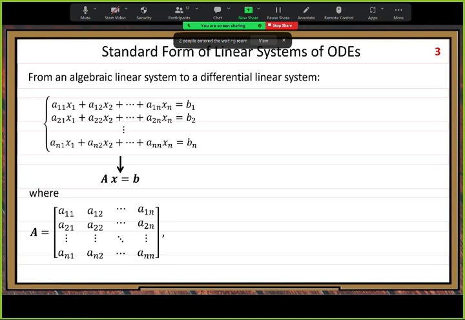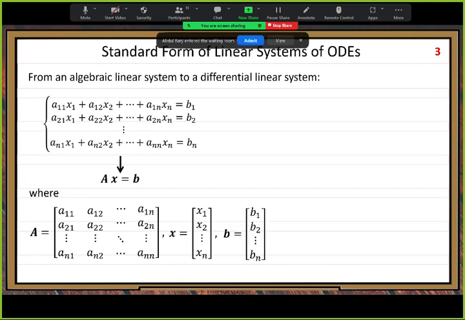Then all these n variables X we put into one vector, a column vector with n components, an n-dimensional vector, and B is also a vector, the constant vector containing all the B components.